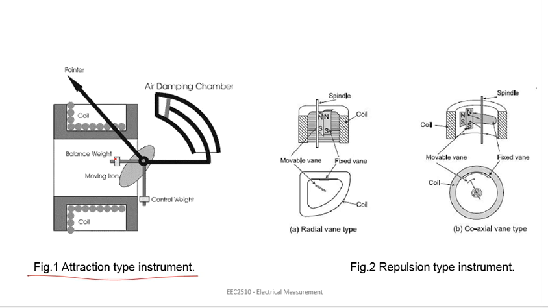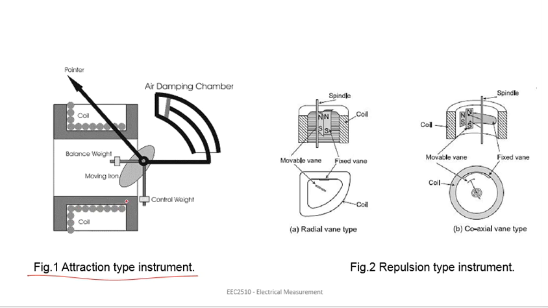We are also able to see the coil. This moving iron is placed in the field of this coil. When the current flows through the coil, the magnetic field is produced, and the moving iron moves from the weaker field outside the coil to the stronger field inside it. In other words, the moving iron is attracted in.